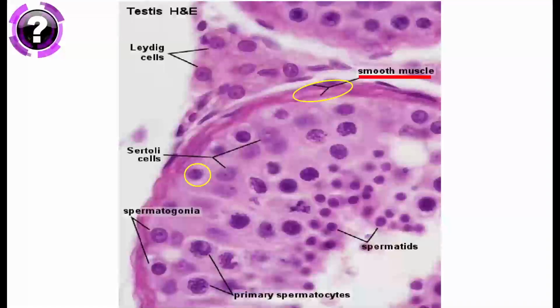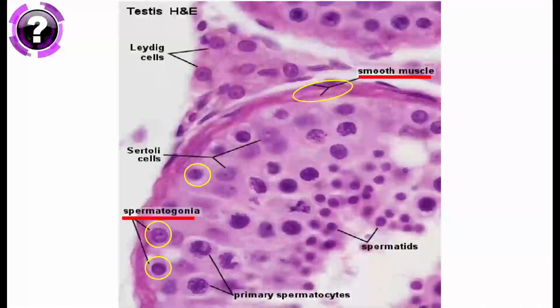So, near the periphery, dense nucleus are indicative of spermatogonia. Here is one, and here is another, and here is a third. These are spermatogonia. You do not find spermatogonia near the lumen. They are always further away from the lumen.